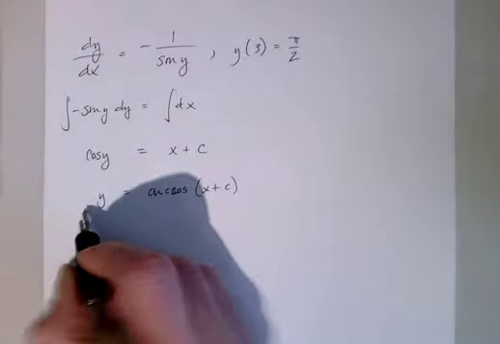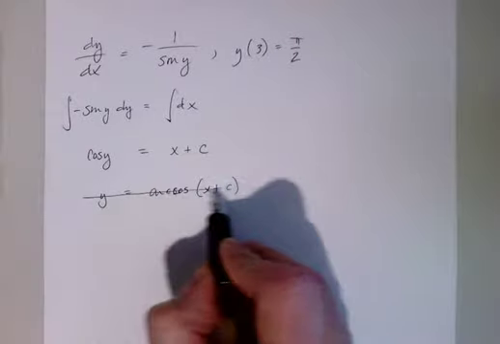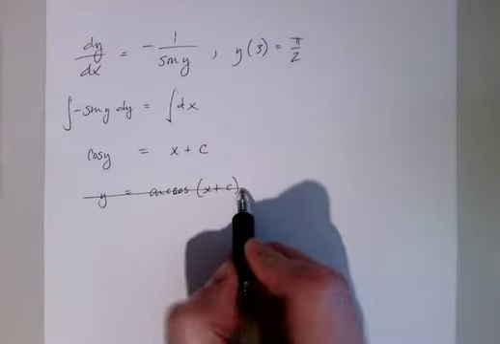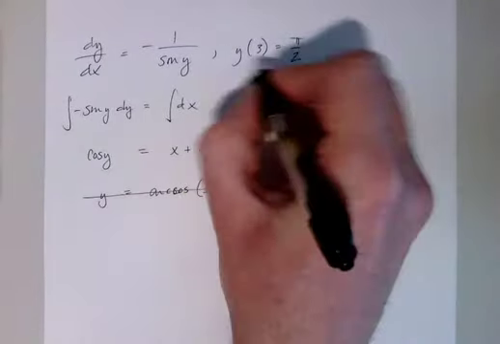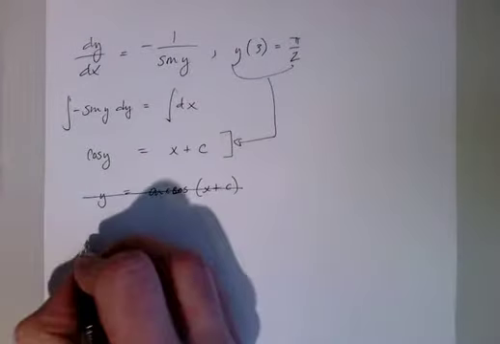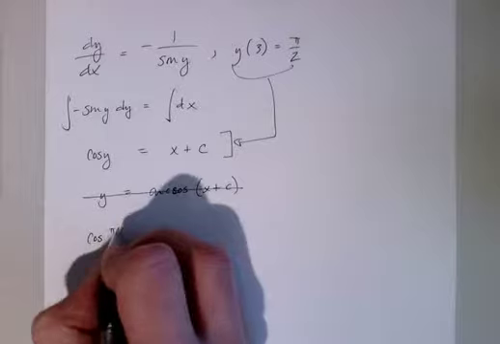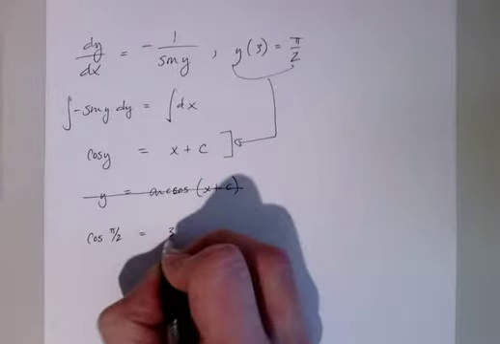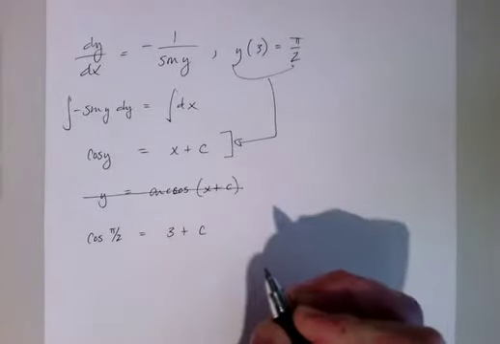Now, I would actually not plug into this form right here, because this form is going to be much easier to plug into. And so cosine of pi over 2 is equal to 3 plus c.